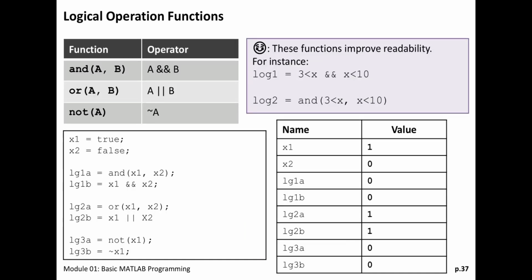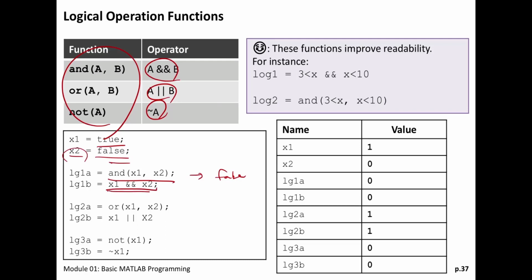These are the function versions of the logical operators. Basically, these are exactly the same as this one. Here's the example. x1 is true, x2 is false. If you do this operation, you get false, right? Because x2 is false. The same operation is like this, x1 and x2. So why do we use this function, by the way?